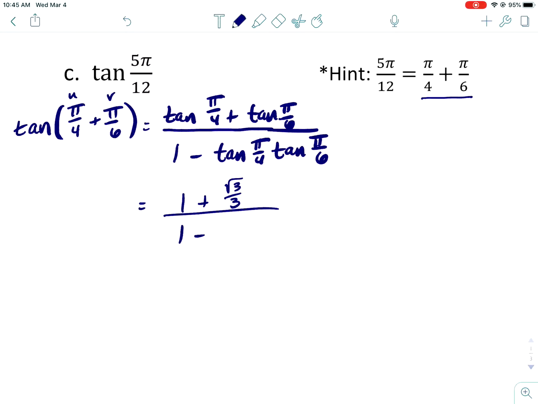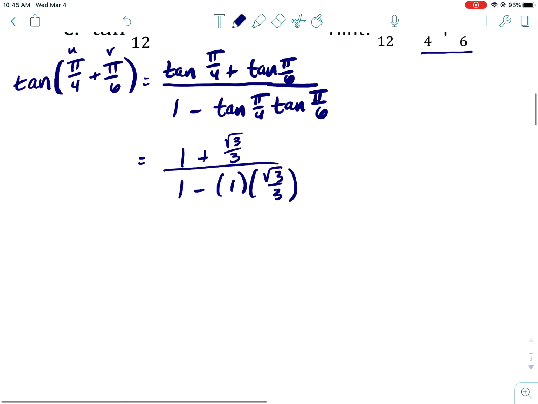Okay, and then in the denominator, we are using those same values, but instead we're multiplying them by each other. All right, and then I'm going to just clean this up a little bit by multiplying by 1.